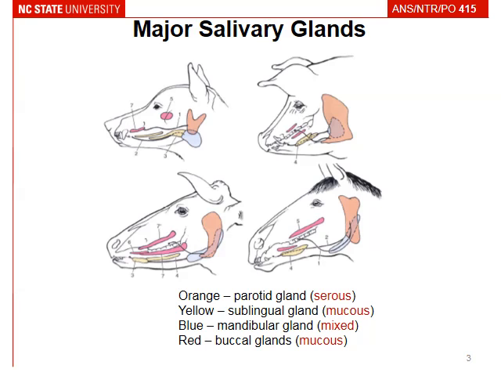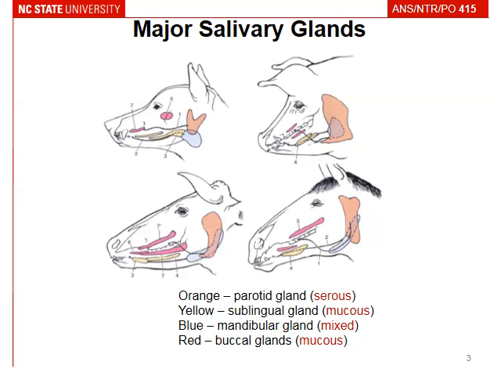They produce the serous, the watery, electrolyte-rich, great buffer saliva. You can see in the herbivorous animals, the cattle and the horse, that those are much more developed when comparing those to the dog, for instance.